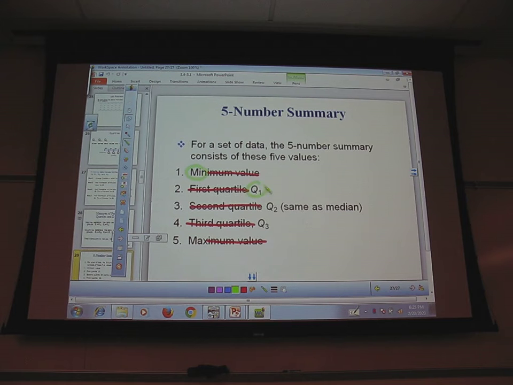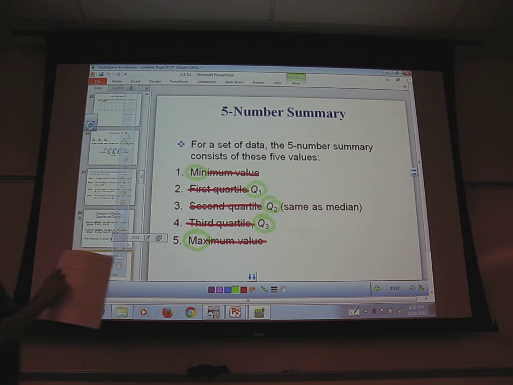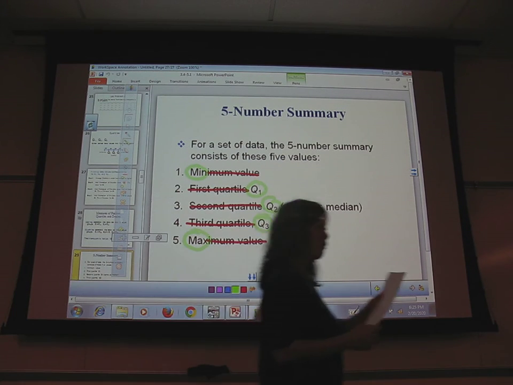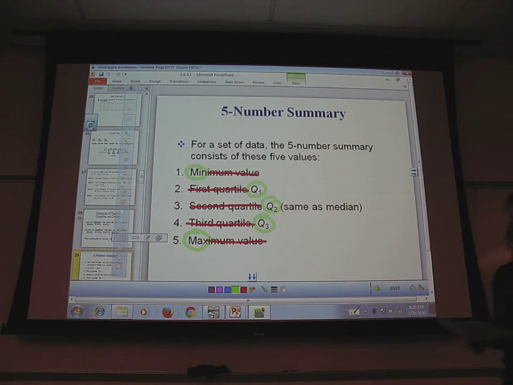Min, Q1, Q2, Q3, max. That's all you need. You should be writing those in on your notes. Right there, 5-number summary. Okay, so you guys have those written down? Typically they're written as a list separated by commas, as it says in your notes. Just like that.